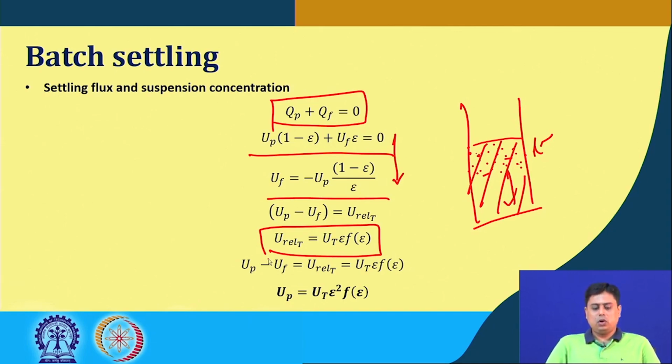So, this expression can be written in this form. If we now replace it here, we get UP in terms of UT, the actual velocity of the particle in terms of the single particle terminal velocity.